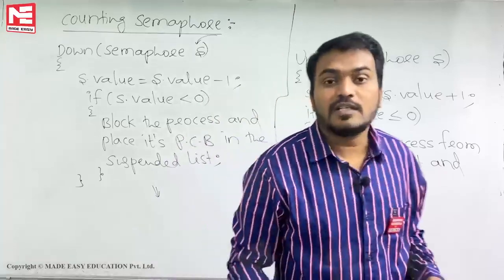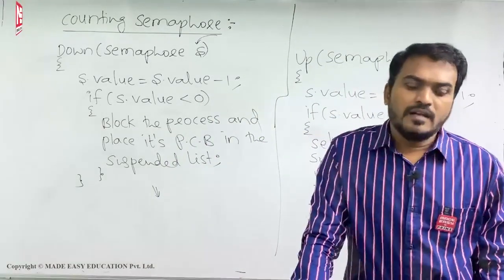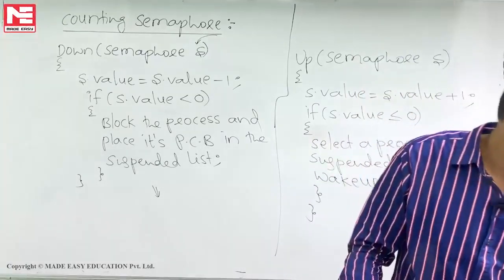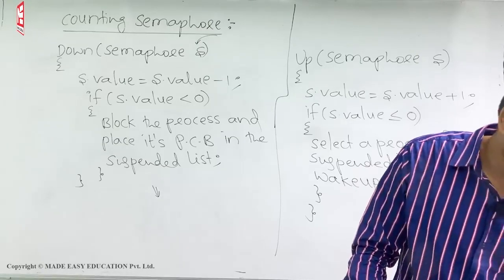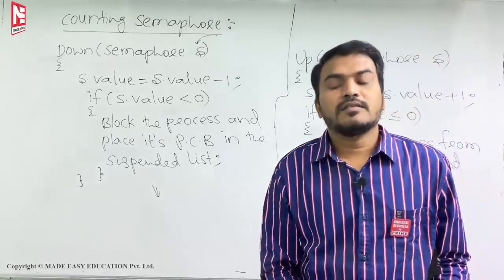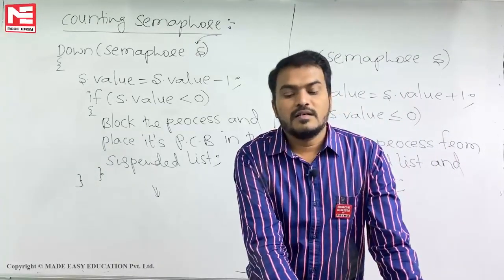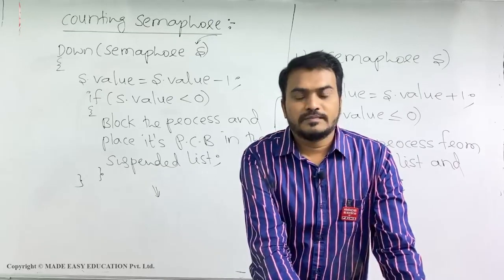Keep it as a note: the positive value of the semaphore indicates the number of successful down operations we can perform.